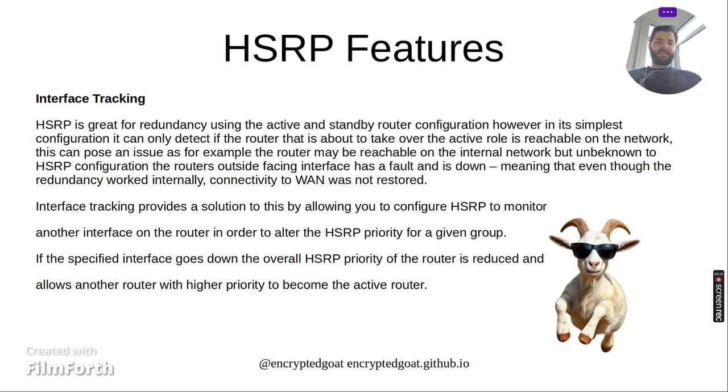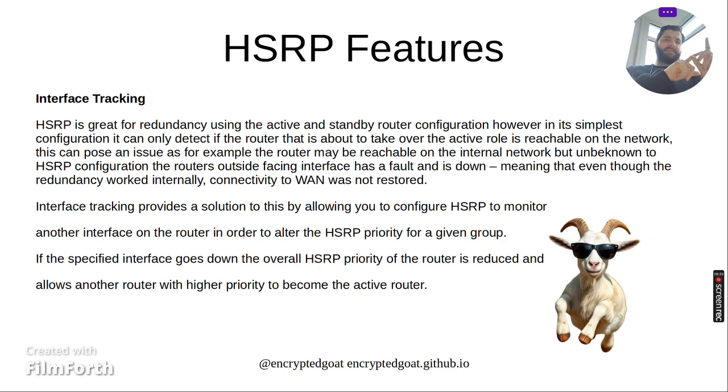The next one, which is really handy, is interface tracking. Let's say, for example, you've got your active router and your standby router. Something goes wrong with the active router, and it needs to switch over to router 2. Let's say this standby is router 2, and this active is router 1. But how does it know if there's a problem on any other interfaces?